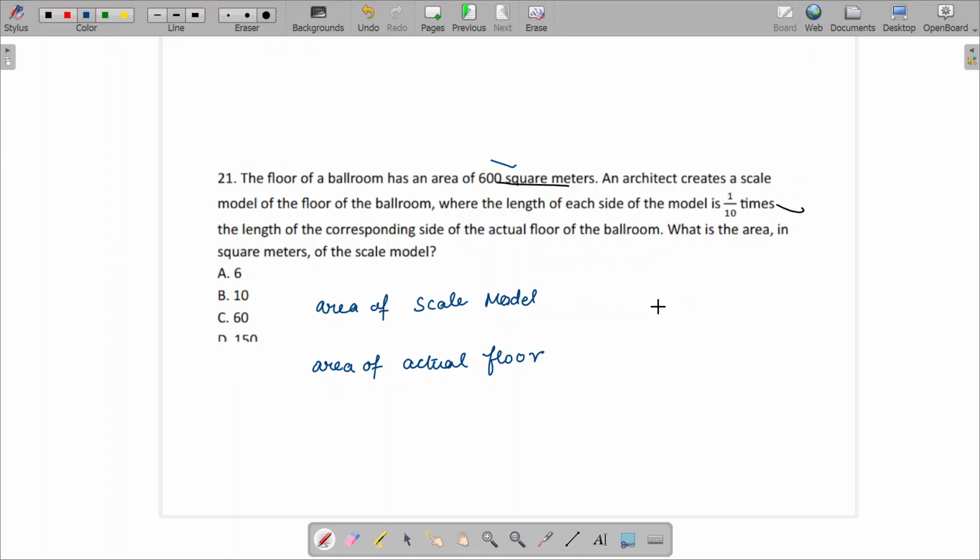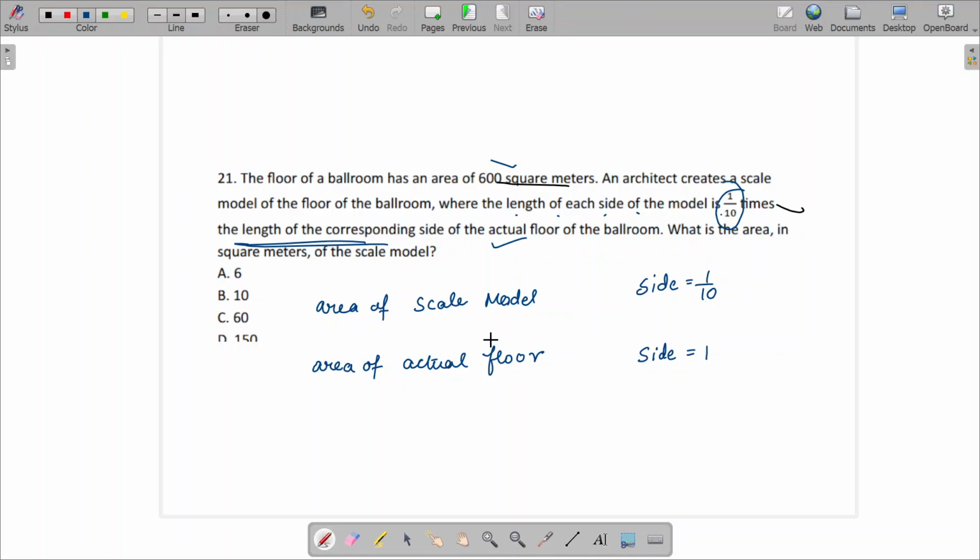I can say if the side of the actual floor is 1, then each side of the scale model is 1/10. You know the relation between them, right?